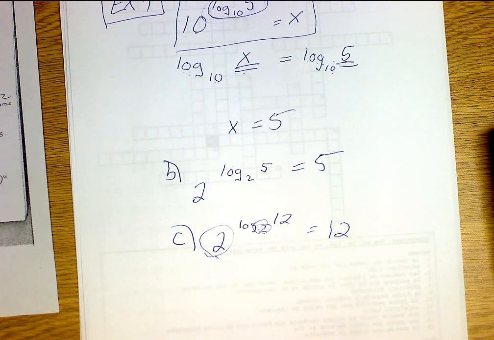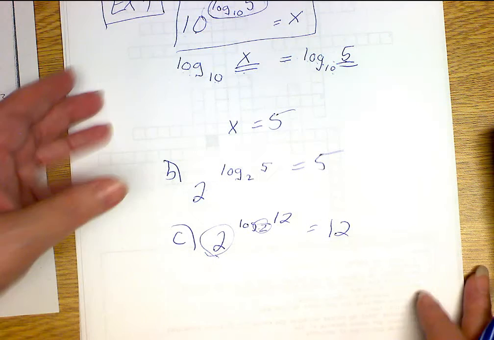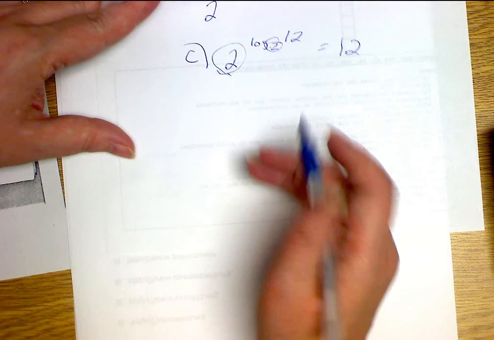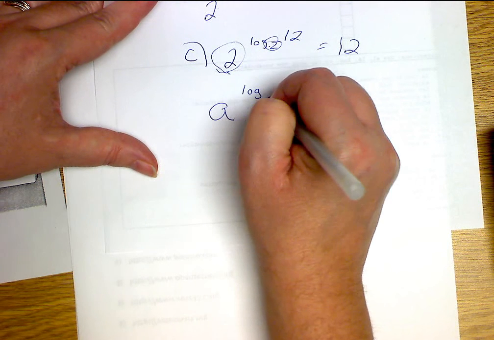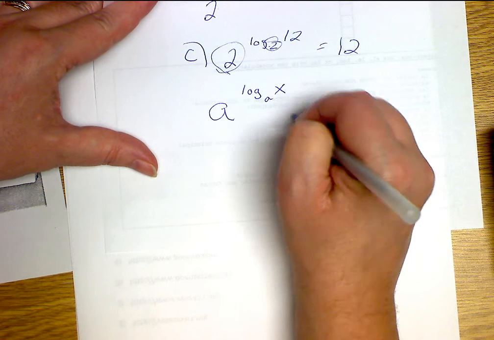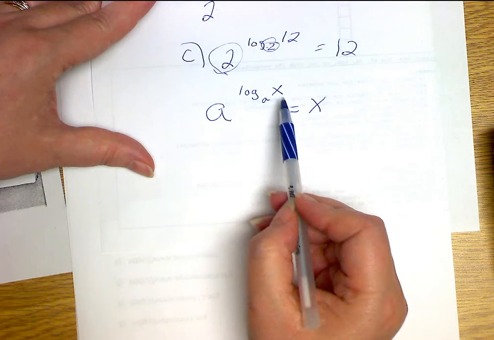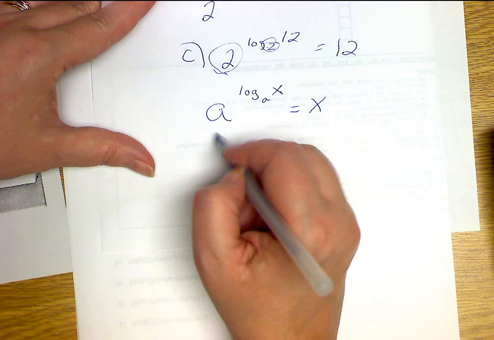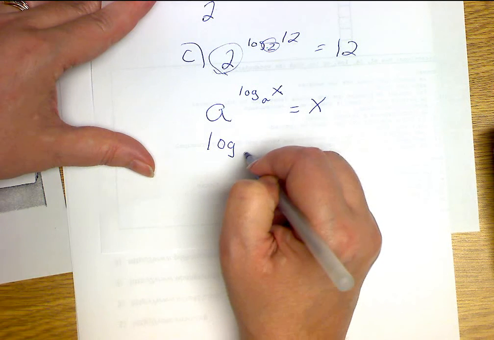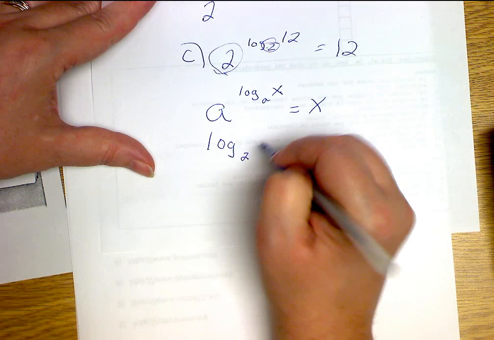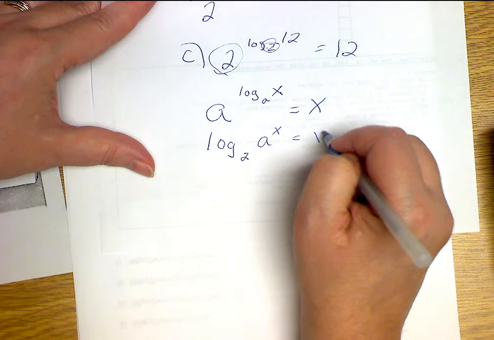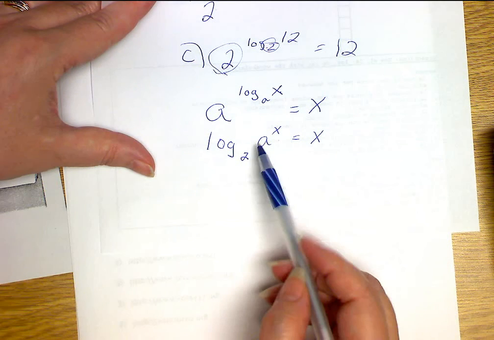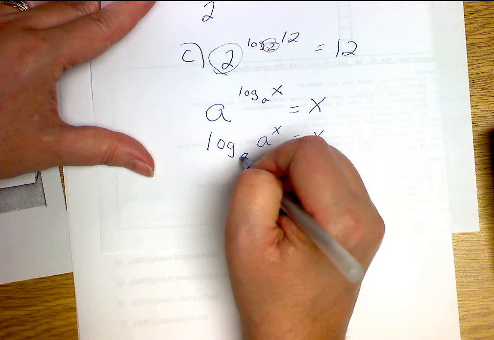So the theorem, just so you know, I will write it up in case some of you would like to see it. It says a to the log base a of x is equal to x, so it's equal to whatever is there. And then log base a of a to the x is also equal to your x. Sorry, I couldn't read my own writing.